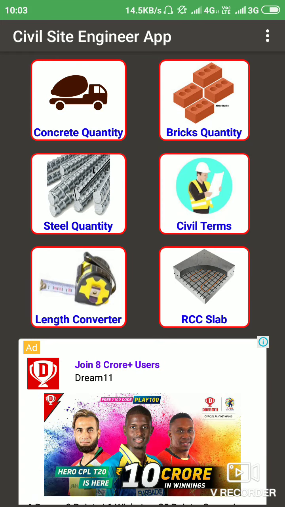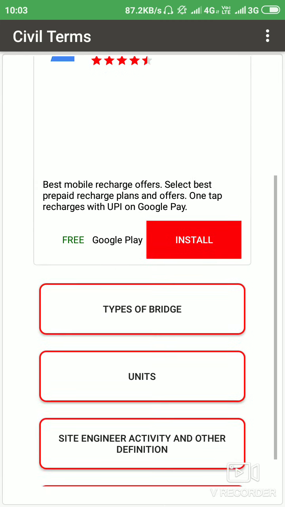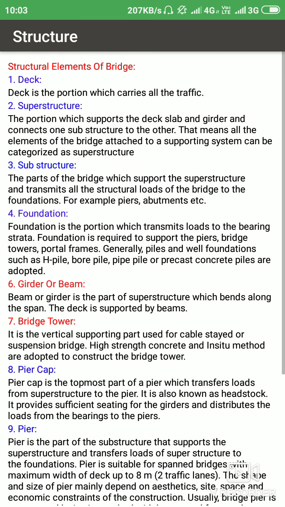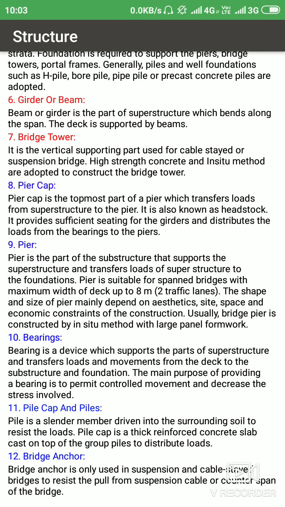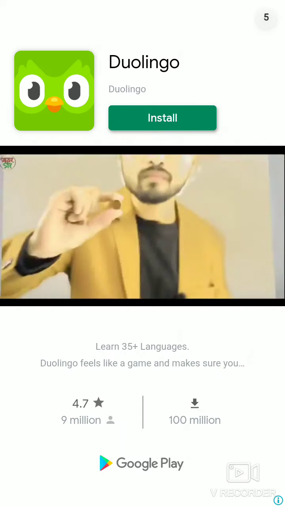After that, civil terms. These are the basic terms based on surveying, mixing of concrete, types of bridge units, site engineer, and structures. Suppose we choose the structure. So structural elements of a bridge, that is the deck, superstructure, substructure, foundation, those theoretical terms are given. Suppose we choose surveying.